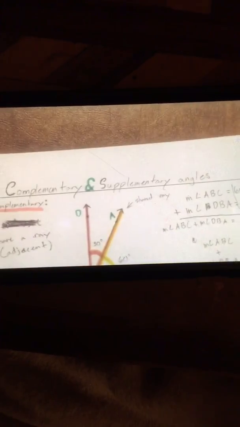Okay, so since they're complementary, it means that they add to 90 degrees. So once we add them together, we can check to see if that is true and that they are complementary. So let's just add the degrees. 60 plus 30 does equal 90, so we can conclude that measured angle ABC plus measured angle DBA equals 90 degrees.